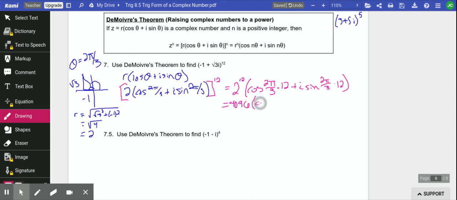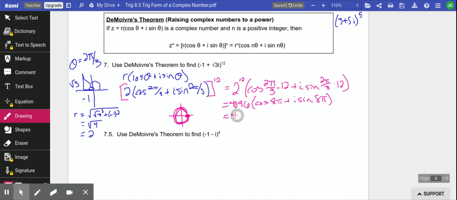And then cosine of 2 pi over 3 times 12, that's going to be cosine of 8 pi plus i sine of 8 pi. And we're going to go ahead and evaluate that. So 8 pi, here's 2 pi, 4 pi, 6 pi, 8 pi. 8 pi is right there.